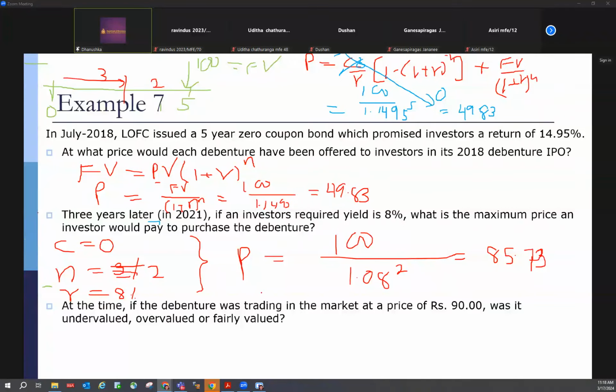Okay. So the last part asks, this is based on part 2, okay? Is this debenture overvalued, undervalued, or fairly valued if the market price is 90?